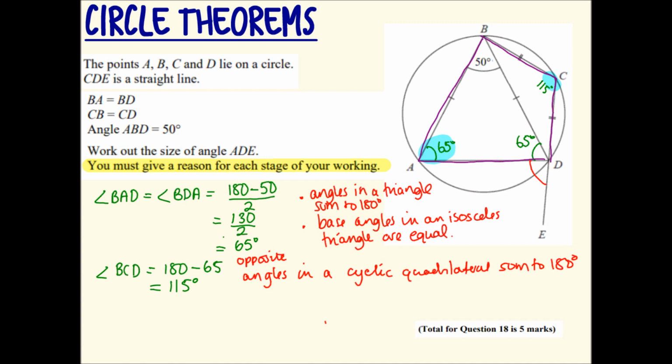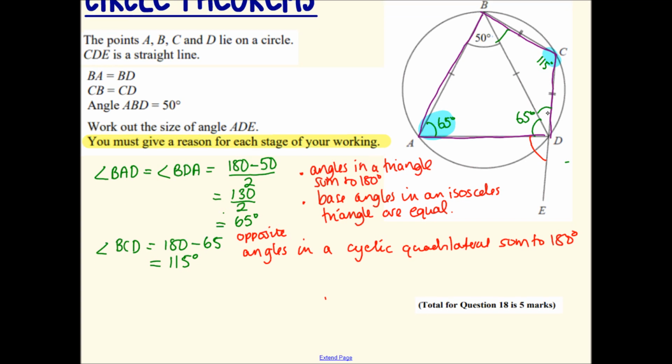Okay. We've then got this second isosceles triangle. So now that we know that that angle there is 115, we can work out what our base angles would be. Okay, and that's going to be useful because these three angles here need to form a straight line, which is 180 degrees.